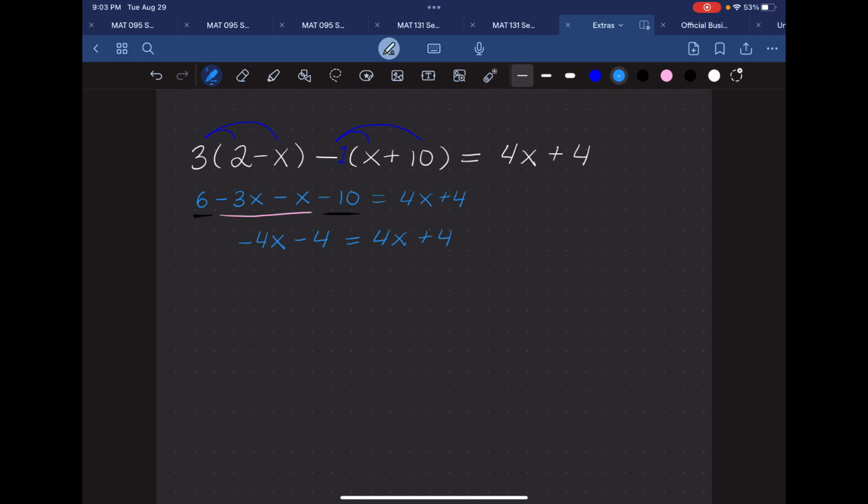Well, now I have an x on the left-hand side and an x on the right-hand side, and so I'm going to need to move one of them over. And you can do this just like we were moving numbers from one side to the other before. I can, for example, this minus 4x, I can add 4x to both sides. And on the left-hand side, if I have a negative 4x plus 4x, those cancel out, and I get negative 4 is equal to 4 plus 4 gives me 8x plus 4.